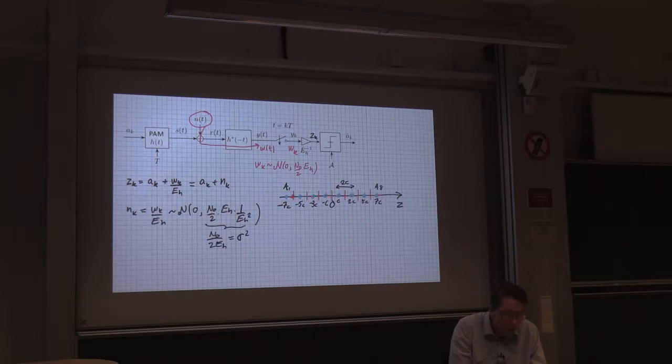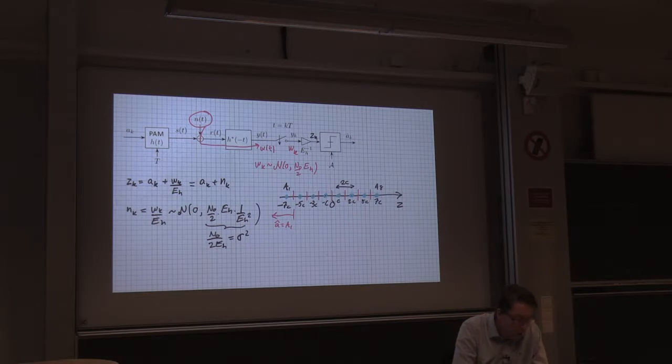But if we end up to the left of this decision boundary, oh, maybe I should change color here. Here. When we end up to the left of here, then our decision A hat is equal to A1, right?